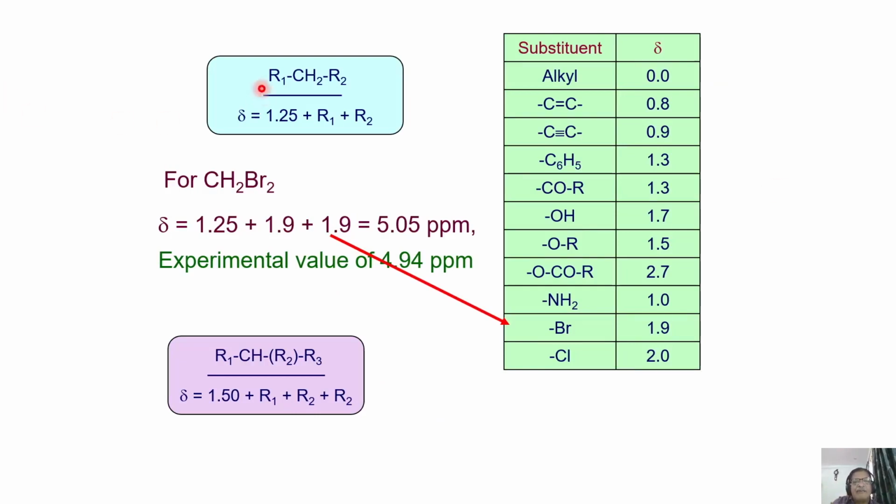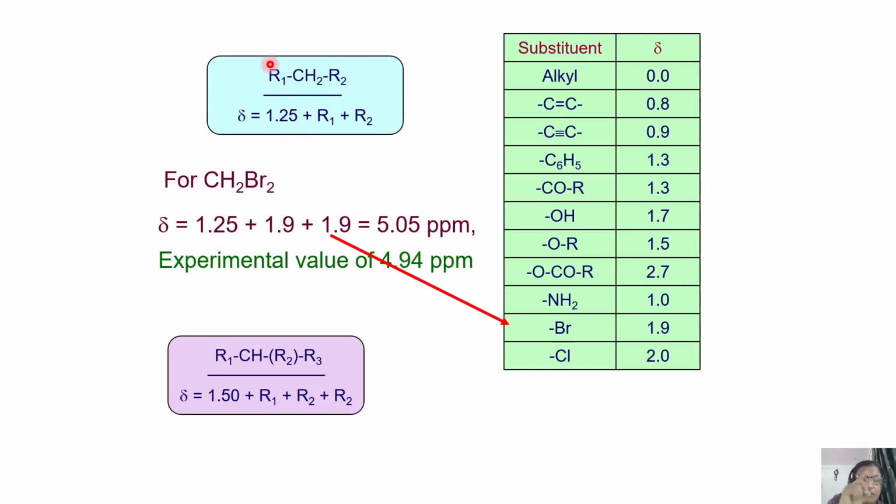I am considering the example of CH2 protons. There are 2 protons here, and R1 and R2 are the substituents on either side. If this is the type of molecule you have, with a CH2 group with a substitution on either side, then according to Schuller's rule, the base value for this is 1.25 ppm.